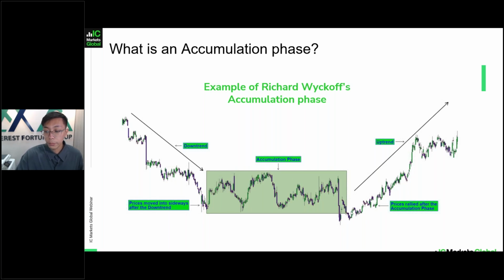Some people prefer to enter a small risk here, and some people will be more confident once price breaks out of this consolidation period. It depends on whether you're a risk averse person or a trader that likes to take lesser risk. It's quite subjective in the sense that you can choose to enter right here after it goes back into this consolidation box, and then we'll have the push upwards.